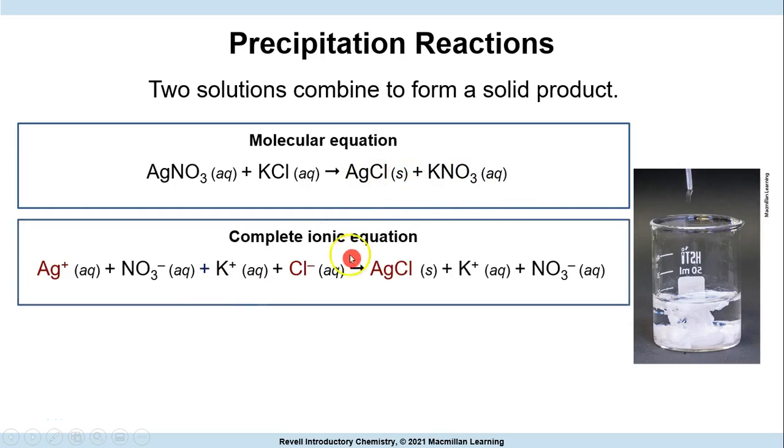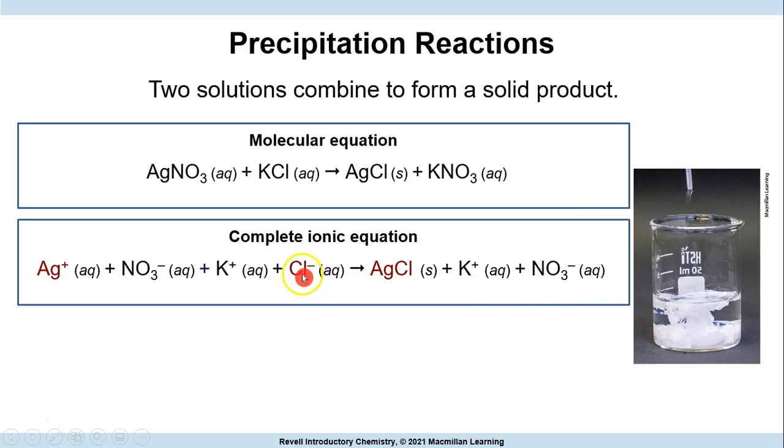Now the complete ionic equation: everything here will be ionic, except the solid that is formed. So the silver ion, the nitrate ion, the potassium ion, and the chloride ion combine to form the salt, silver chloride, and the ions potassium and nitrate.